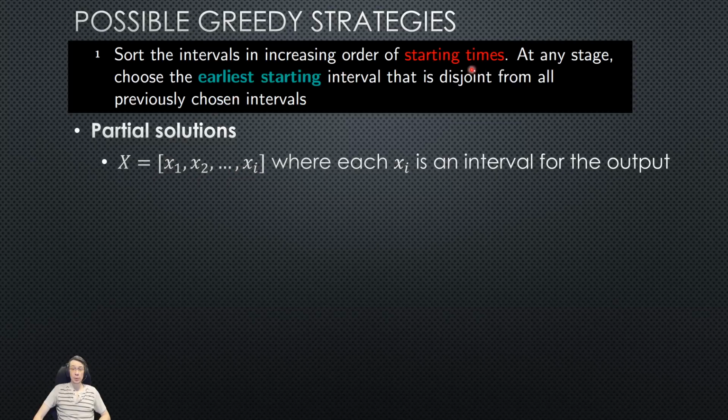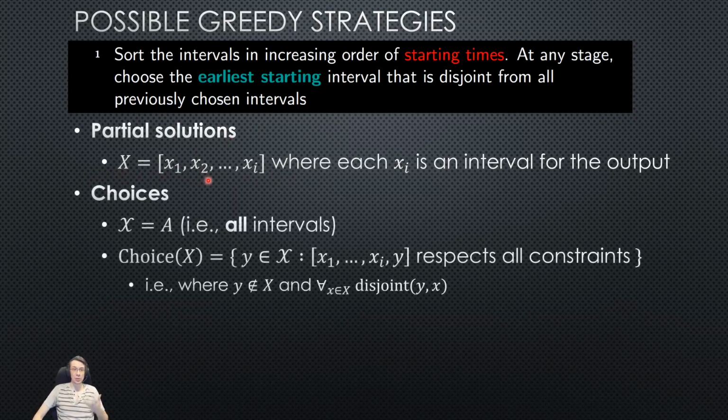And indeed, we will produce, as we go in this algorithm, partial solutions that are feasible as we go, because we're always going to pick the earliest starting interval that is disjoint from all previously chosen intervals. So it's easy to argue that our partial solution x at all times in the algorithm will be feasible, and thus it will be a partial solution. It won't just be a subset of the input, it'll be a partial solution.